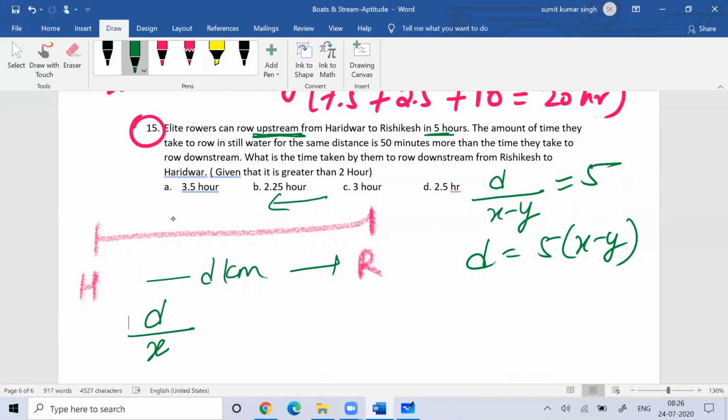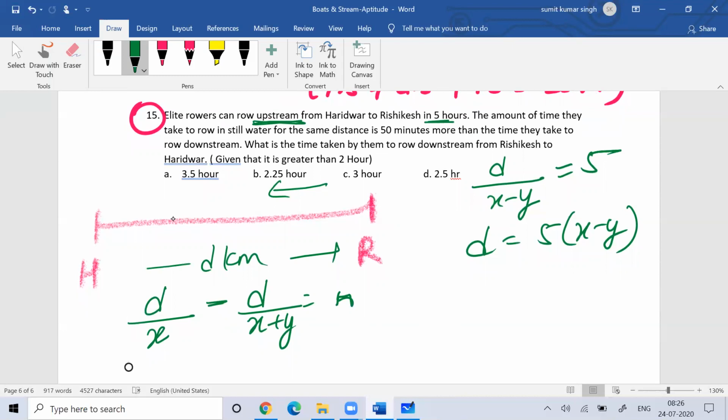So when it's moving without the water's help, the time taken is 50 minutes more than if you move upstream.